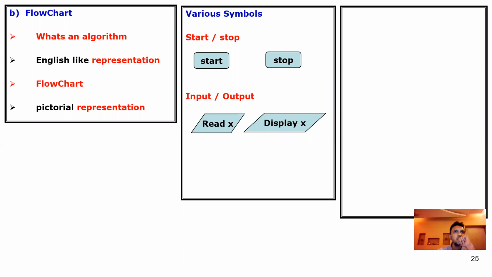Yes, it is okay. But instead of drawing a parallelogram, if I draw a rectangle, do you think it is okay? No. So what I'm trying to teach you over here is that in flow charts, the symbols are more important. Okay. What you write inside the symbol, that can be changed, but the symbol must be same.